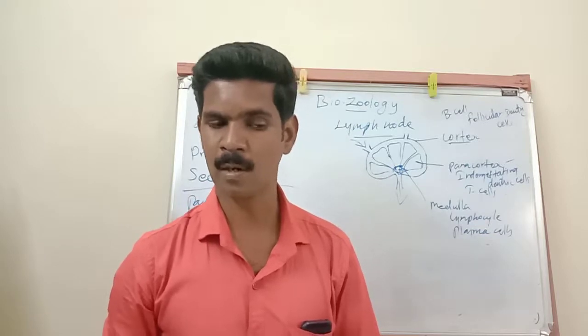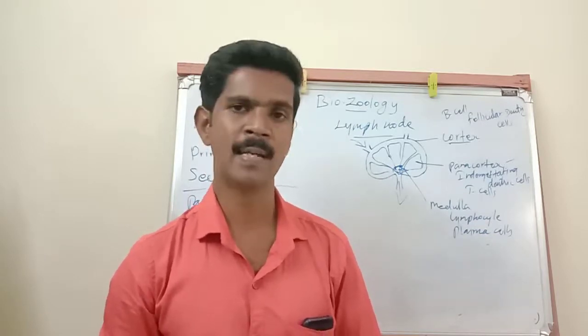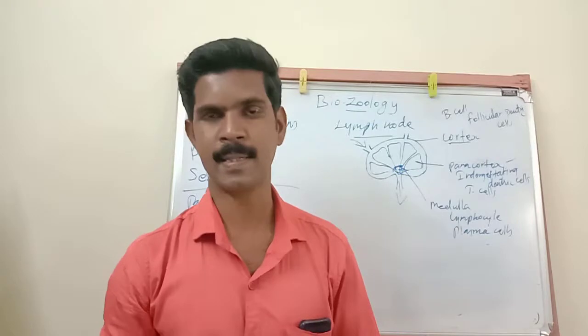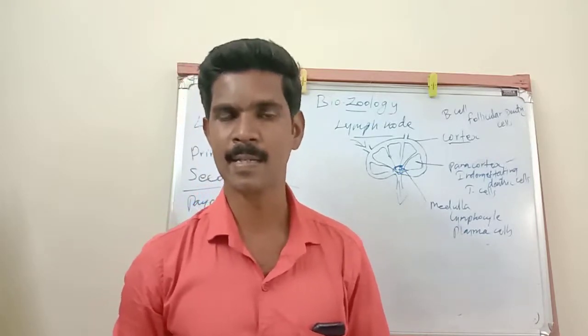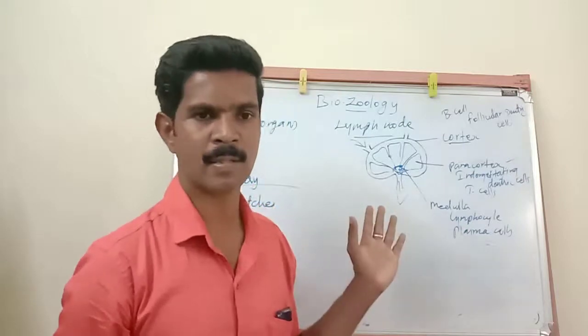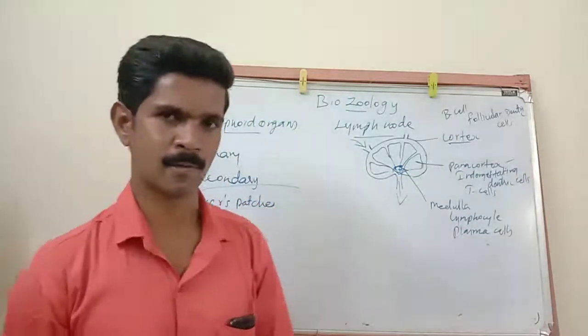These tissues consist of a large amount of macrophages, dendritic cells, B cells and T cells. So a large amount of B cells, T cells, macrophages and dendritic cells are present in this Peyer's patches tissue.